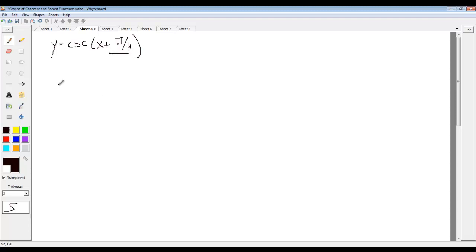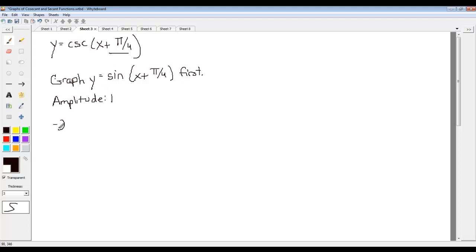But you can also think about it as graph y equals sine of x plus pi over 4 first. Okay, amplitude is 1, because a here is 1.